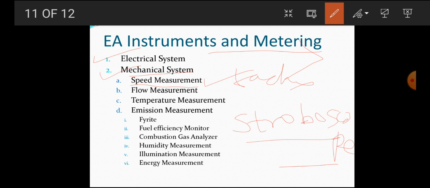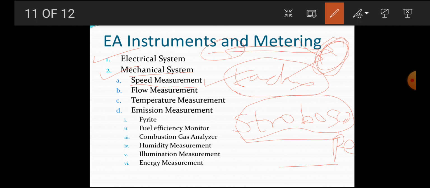When both frequencies are matched, at that time we can find the speed of the rotating element. So we have discussed two measuring devices for speed. One is the tachometer, the other is the stroboscope.